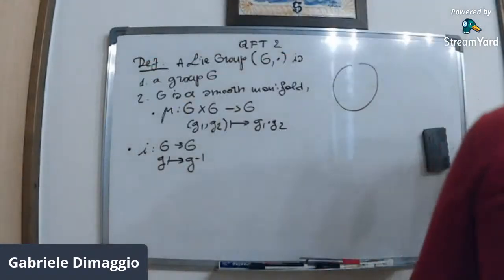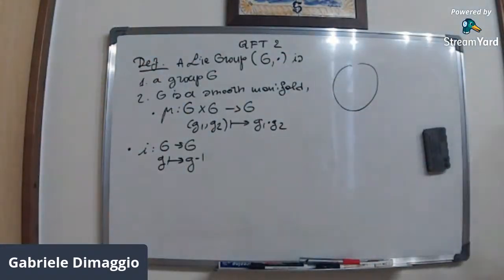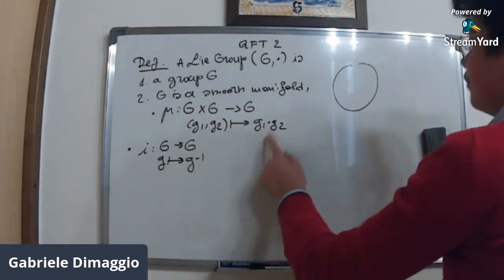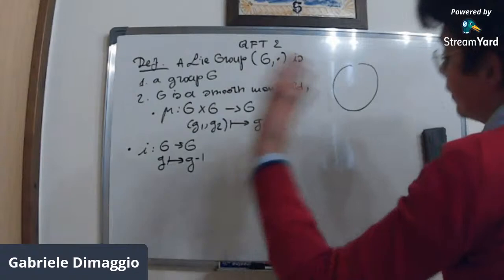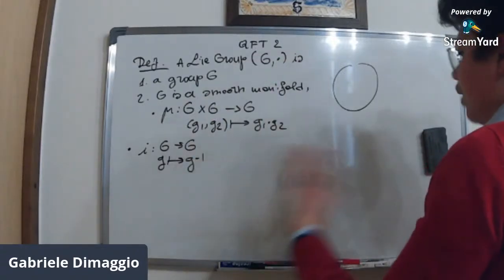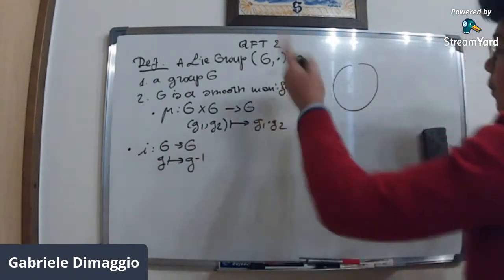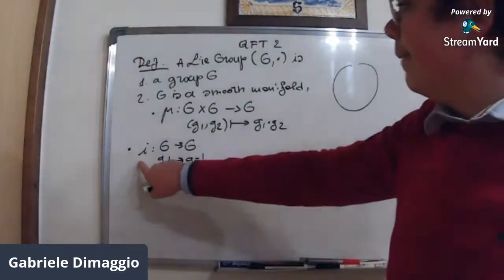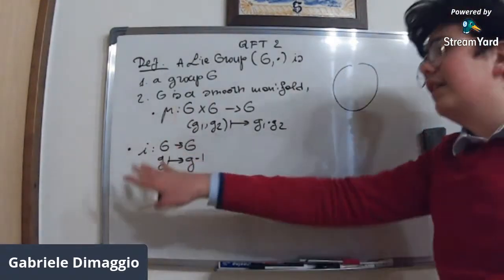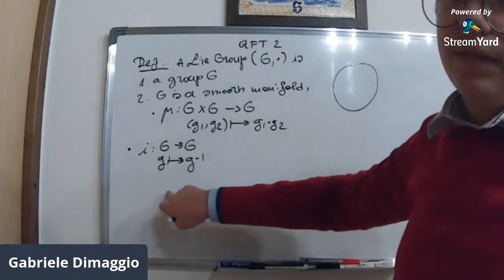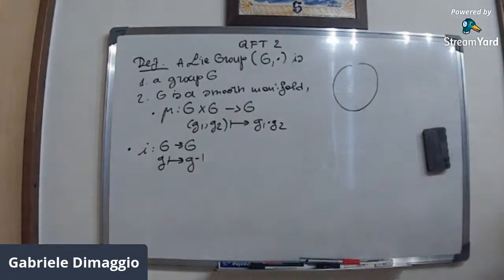The first map takes two elements of the group and gives the multiplication between these two elements, so these two elements combined by the group operation. Then I have the map i, and this map takes an element of the group and gives the inverse element of the group. Perfect.